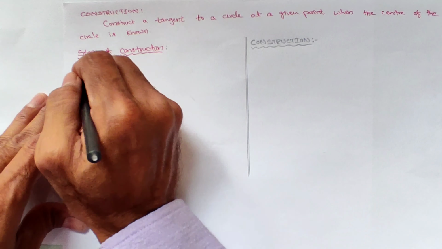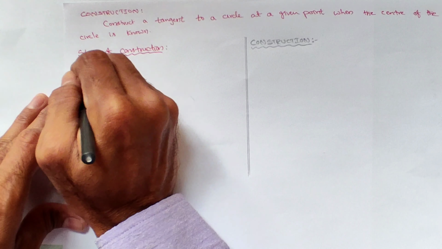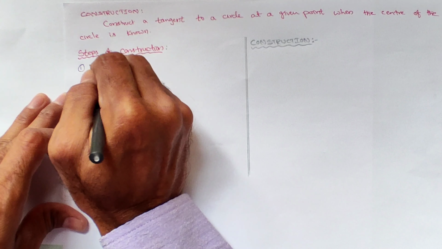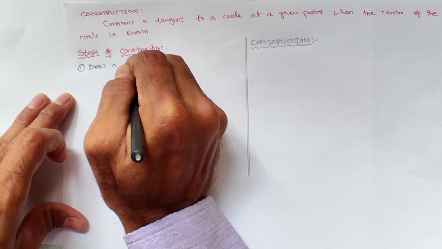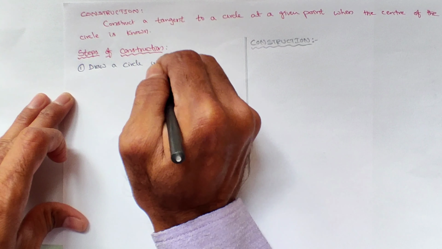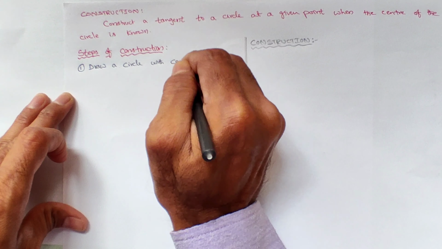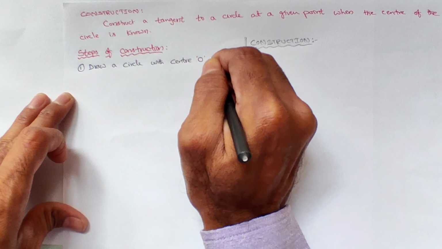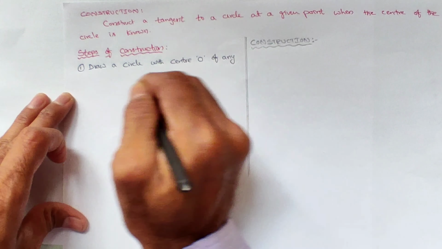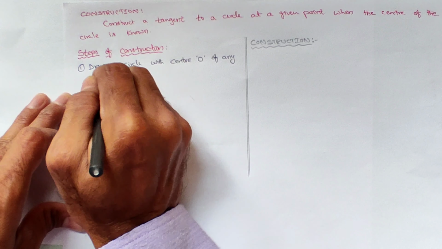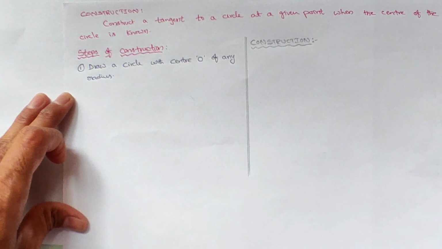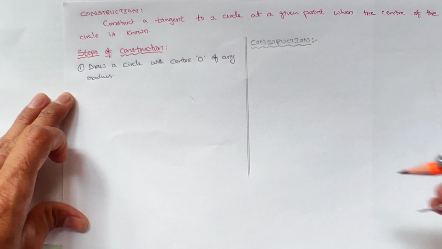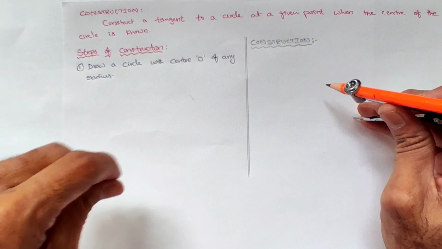First, draw a circle with center O of any radius. So first let us draw a circle of any radius.